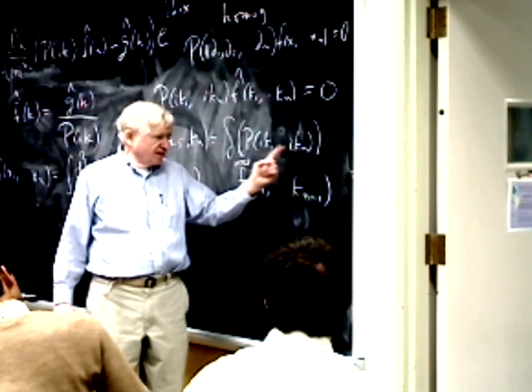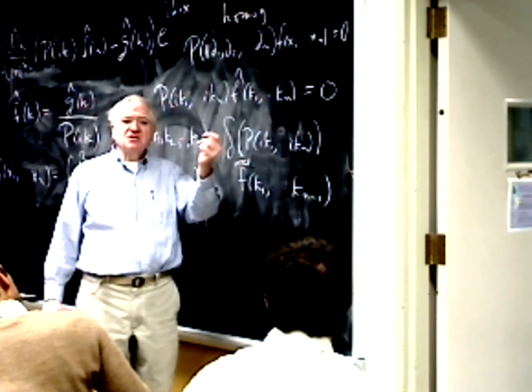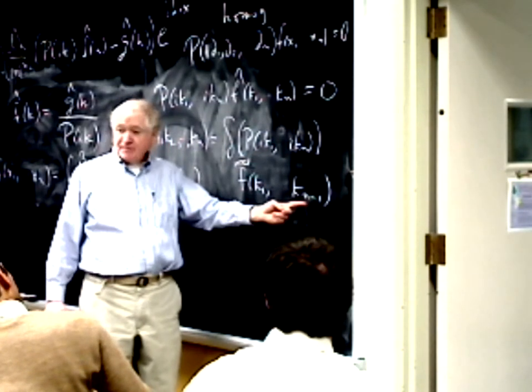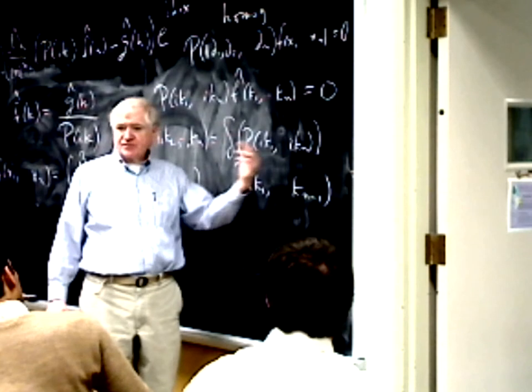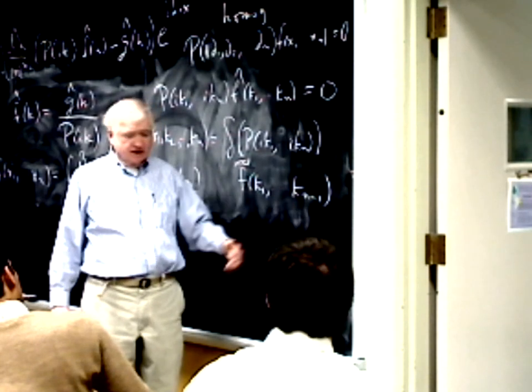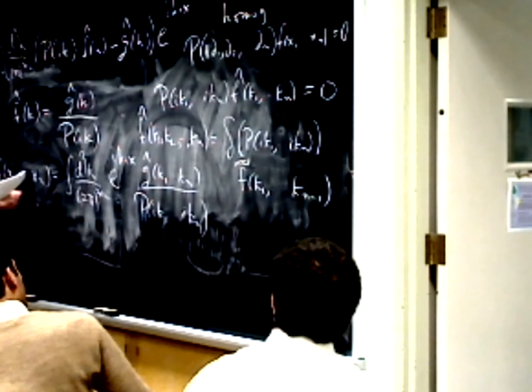P of ik1 through ikn equals 0 is one equation which you can use to eliminate kn. And then you express kn in terms of k1 through kn minus 1. And that's your expression.